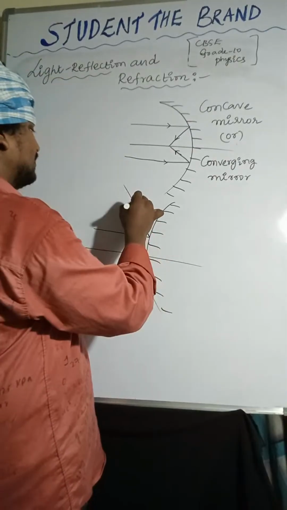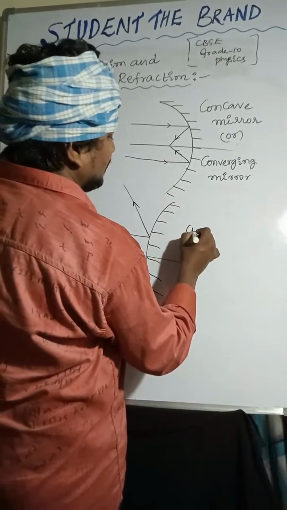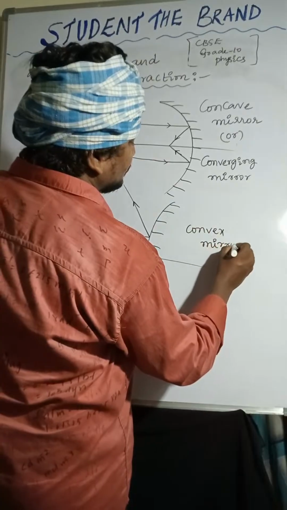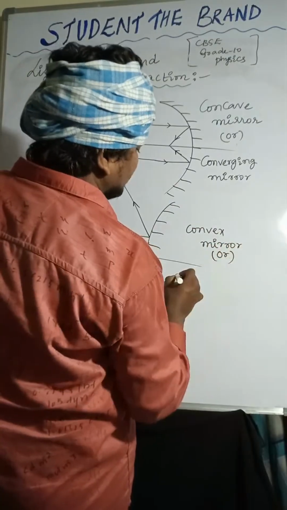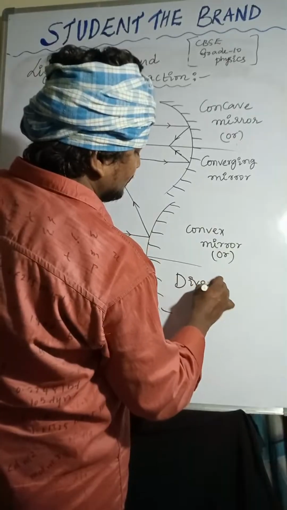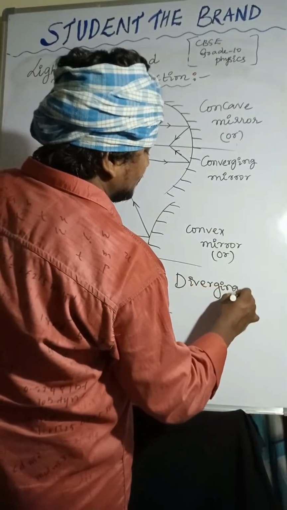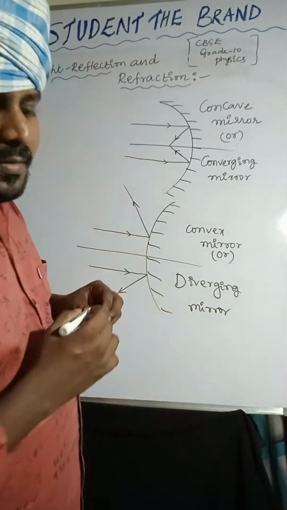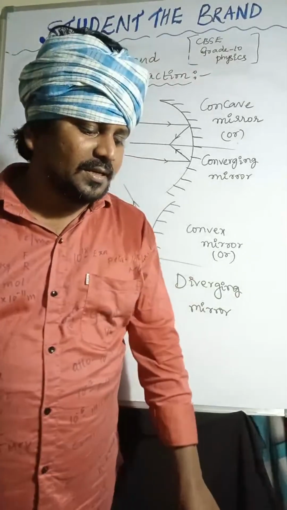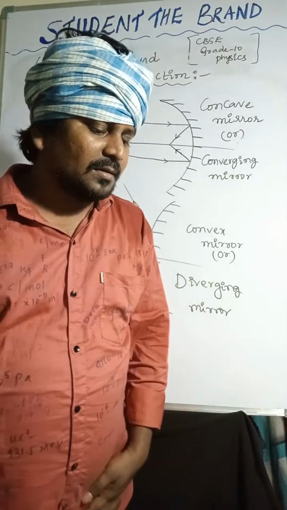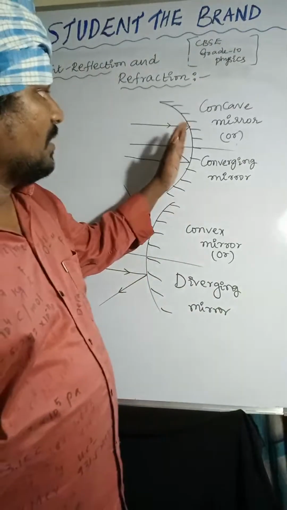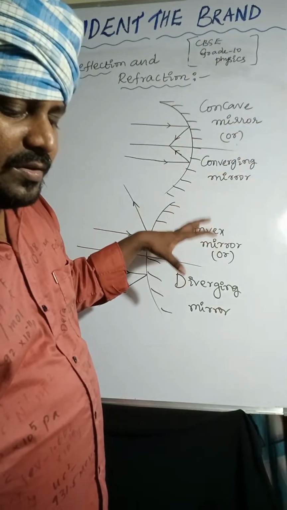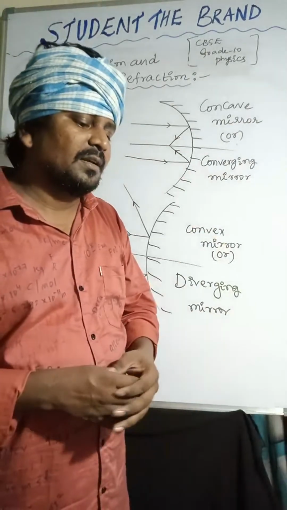So this is about concave and convex mirrors. Concave mirror is also known as a converging mirror. Convex mirror is also known as a diverging mirror.